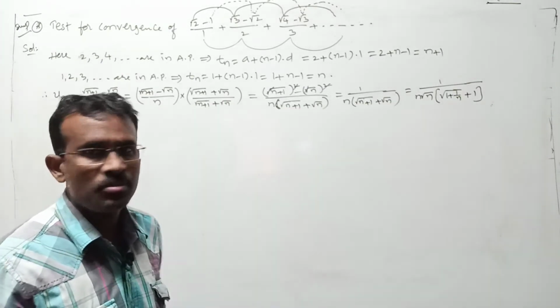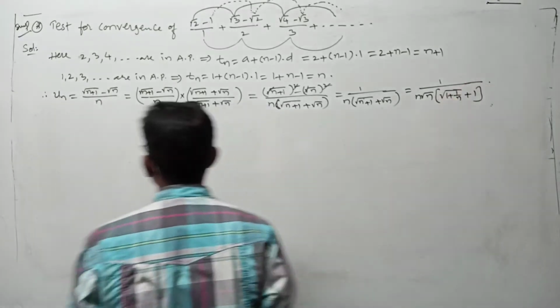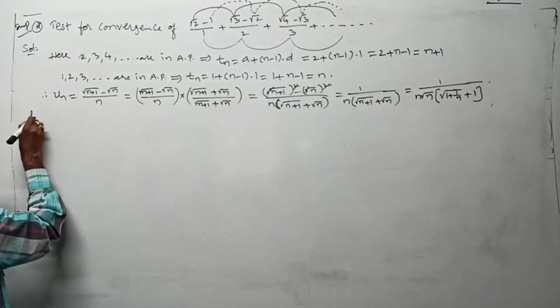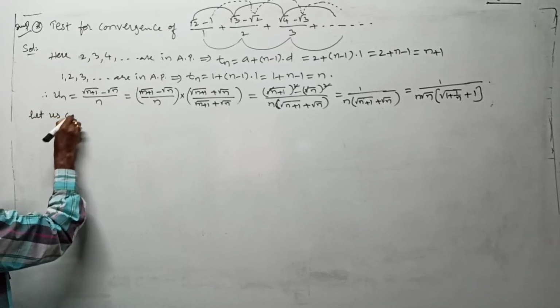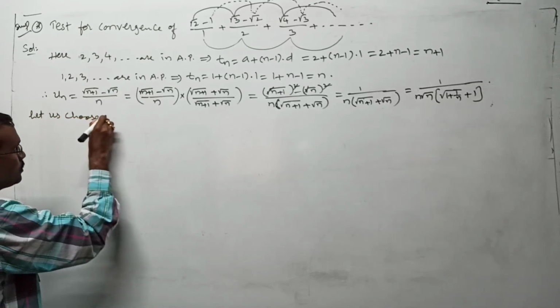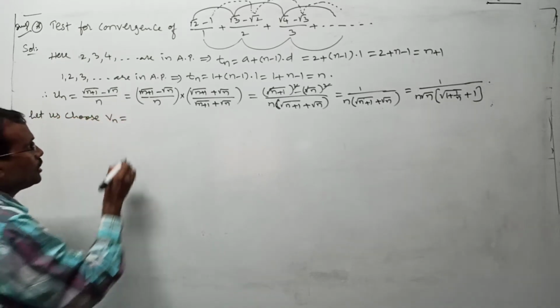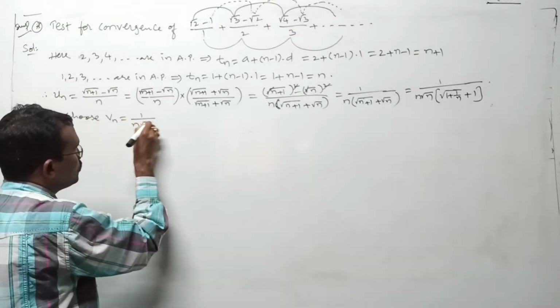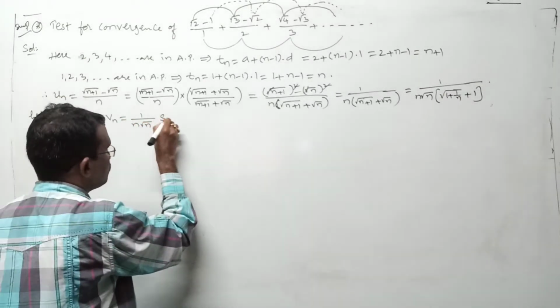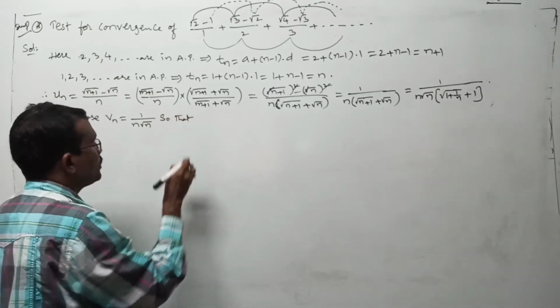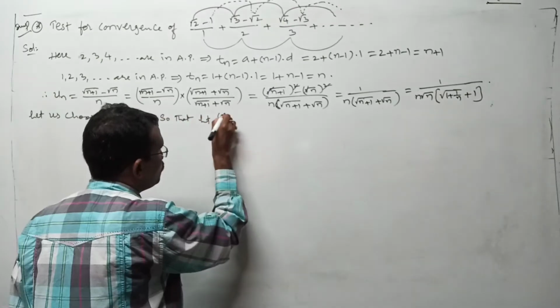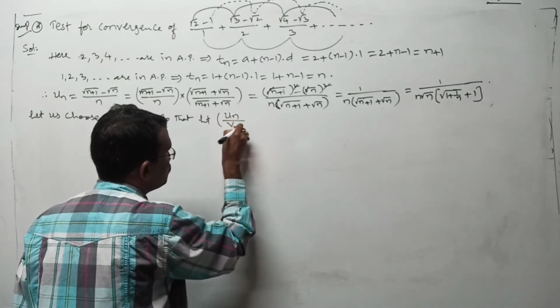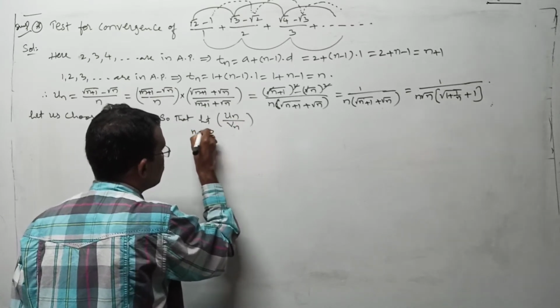Now you can select Vn. Let us choose Vn is equal to 1 by n into root n. So let us go for this: limit of un by vn as n tends to infinity is what?